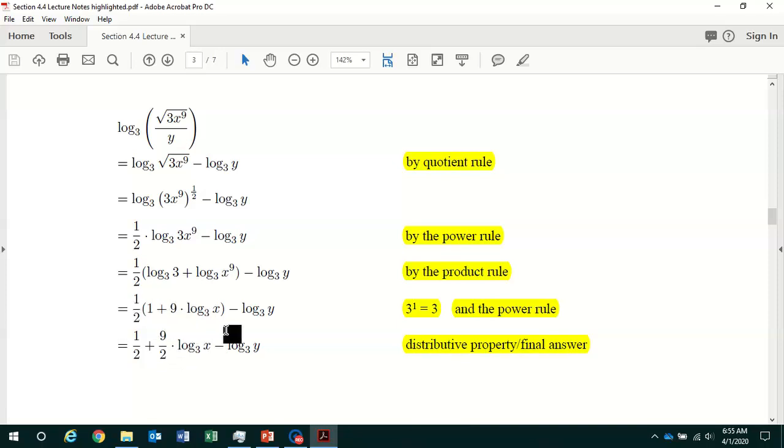We've got the sum of 2 terms, so each term gets multiplied by 1/2. 1/2 times 1 is 1/2, and 1/2 times 9 times log base 3 of x is 9/2 times log base 3 of x. And then lastly, we have the minus log base 3 of y. So this logarithm up here, log base 3 of what's in parentheses, when we expand it, is equal to this down here. This is the final answer down here.